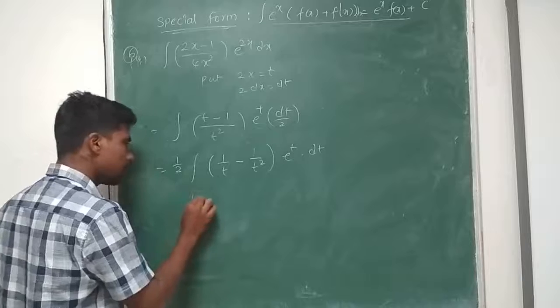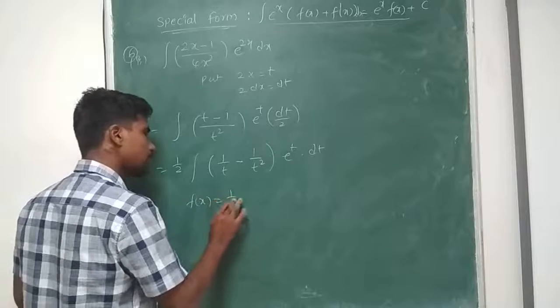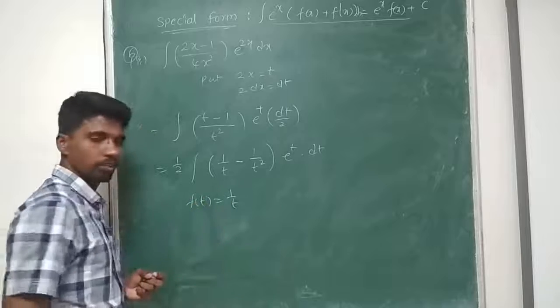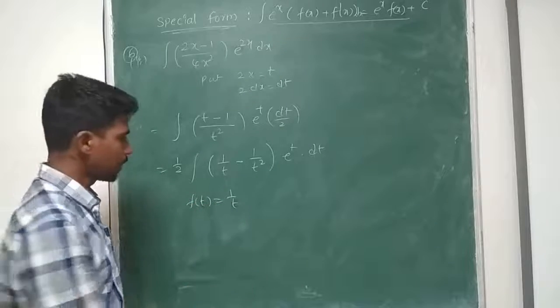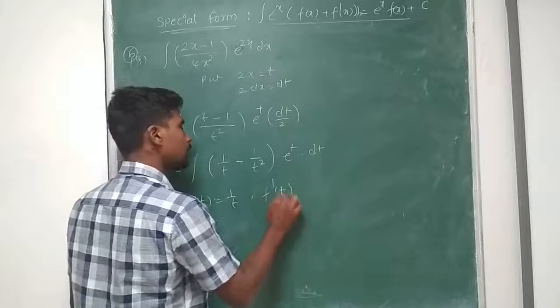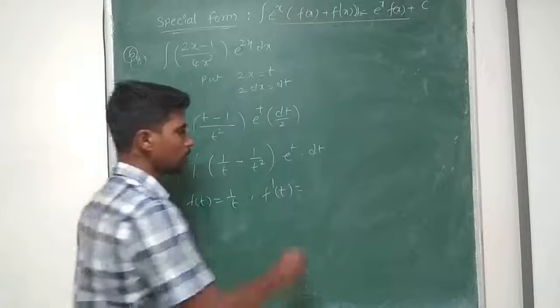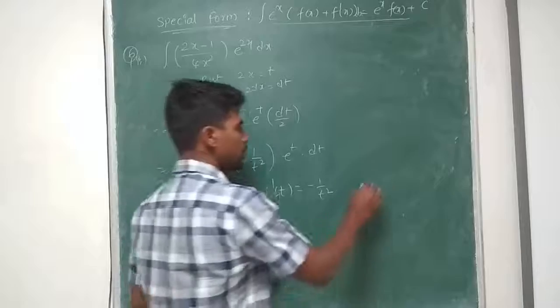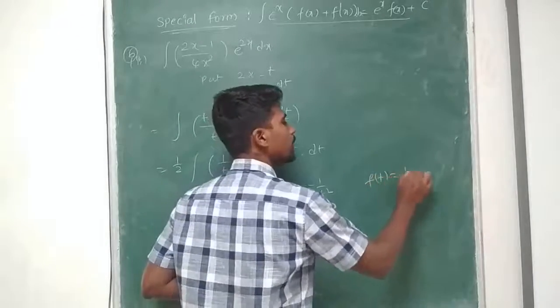If I take f of t as 1 by t, then f dash of t will be equal to minus 1 by t square. How do we get minus 1 by t square? f of t equals t power minus 1.